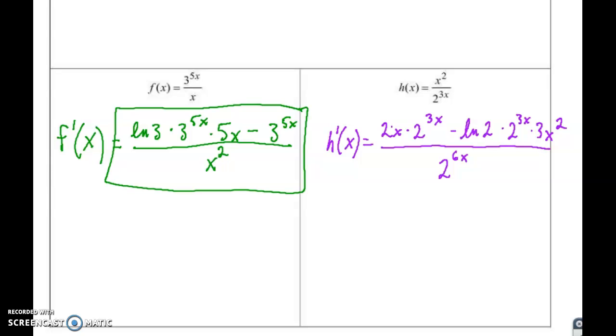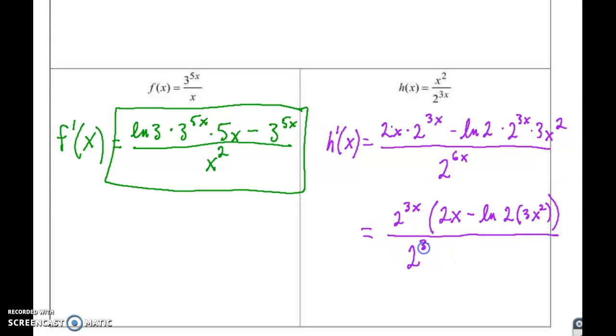So over 6x. Now this is one where you can for sure, let's see, I'm seeing a 2 to the 3x that you could cancel out on top, factor out, excuse me. And I'm seeing just 2x minus natural log of 2 times 3x squared. Notice that I only factor things out when it's obvious.